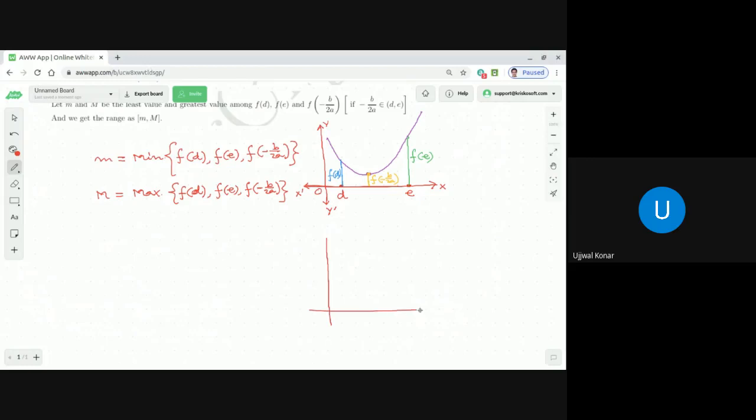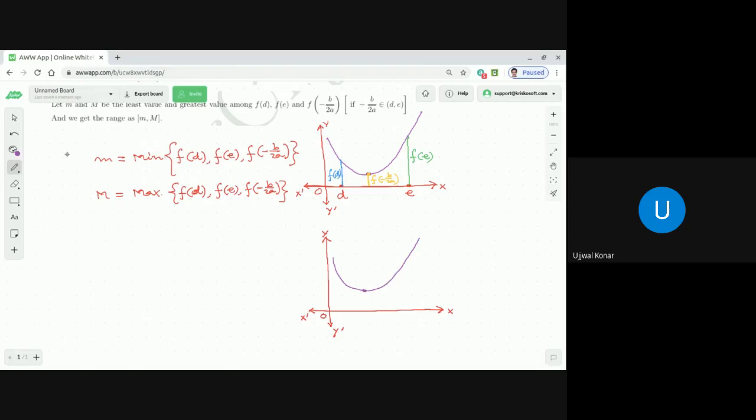So this is the coordinate axis, dear students. Okay. So now suppose the curve is something like this. Let me first draw the curve. And what we are getting is that this is minus b by 2a, but our d is this point.